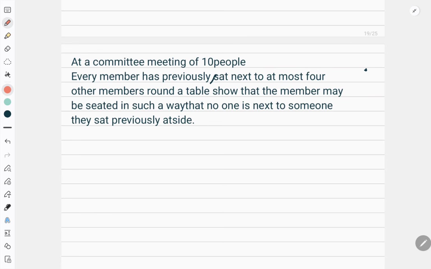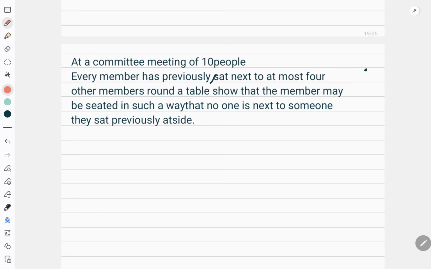A person can sit at most next to 4 persons in the first round. If he sat next to 1 person, at most 4 as they said, then in the second round he has 9 options. If he sat next to 2 people, in the next round he has 8 options. 3 means 7, 4 means 6.